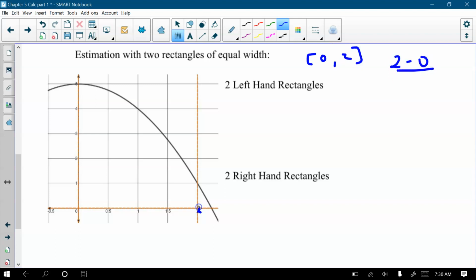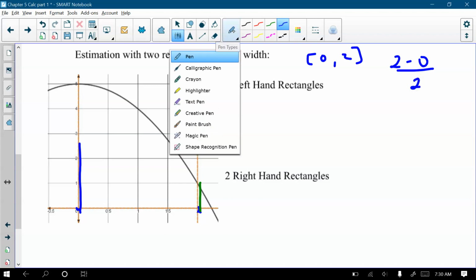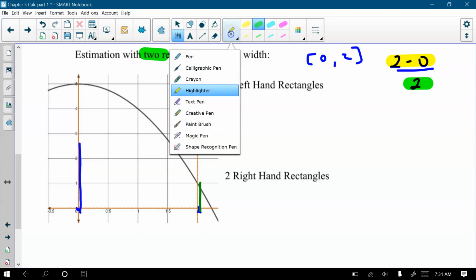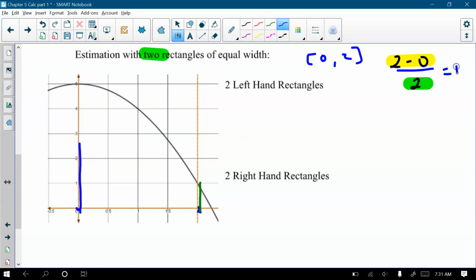I take these endpoints of 2 and 0, the bounds, and divide them up evenly. The numerator is the interval, and the denominator is the number of rectangles. If I do that, I get a length of 1.